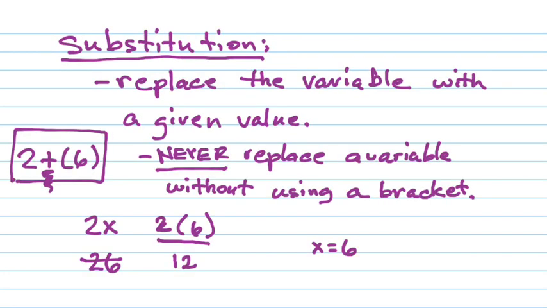Follow the order of operations and make it as simple as you can. Okay? So do the math. But make sure that you're following the order of operations as you do it. Right? So this last one we did, when I did the 2 times 6 to get the 12, that's evaluating. Right? Substituting was just plugging the 6 in, right? Evaluating means I did the problem. That's all there is to it.